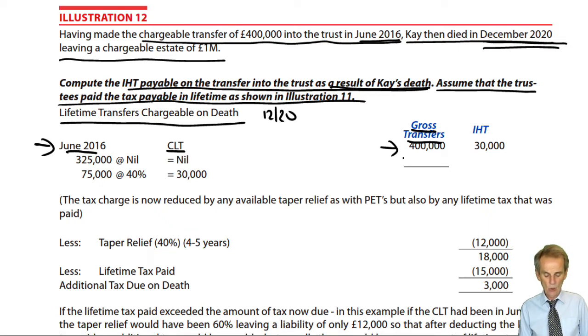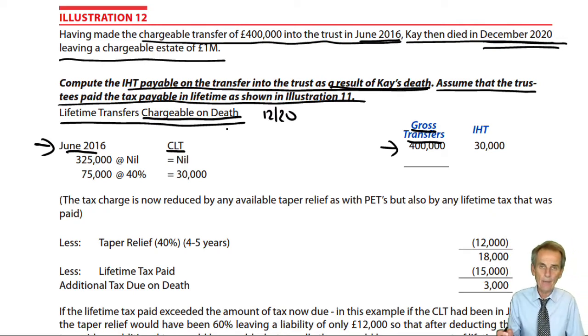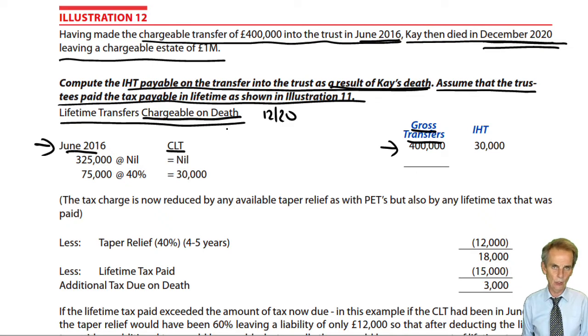On death, as a result of death, this transfer has become chargeable. What is the nil rate band available at the date of death? When doing lifetime transfers chargeable on death, the nil rate band you use is likely to be the same anyway, but it is the one in force at the date of death that you use, not the one that was in force at the date when the CLT was made and was first chargeable.